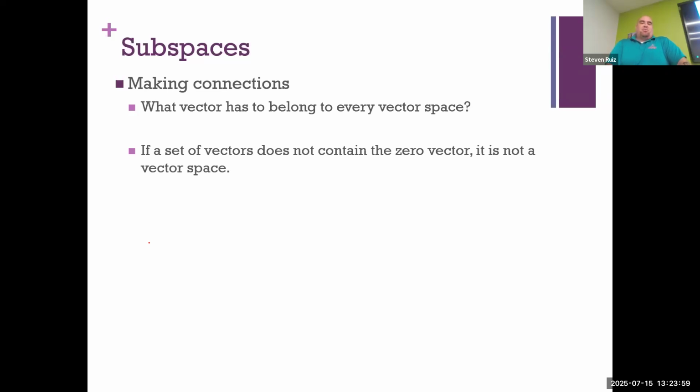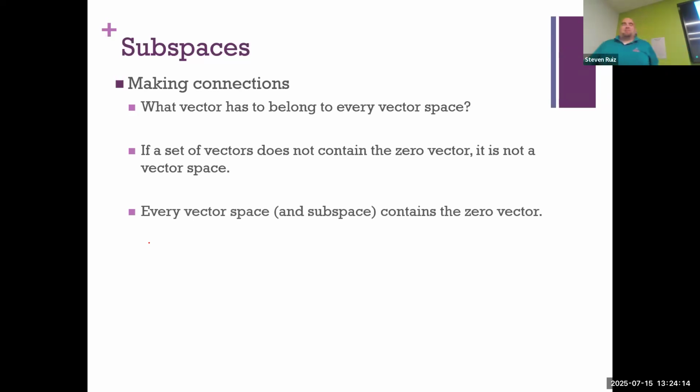If I give you a set of vectors where the 0 vector cannot be, you're done looking. You already know that can't be a subspace. Or if you know you're looking at a subspace, you know the 0 vector is part of it. Every vector space and subspace contains it. It's not really a third condition, but it's an easy thing to look for.